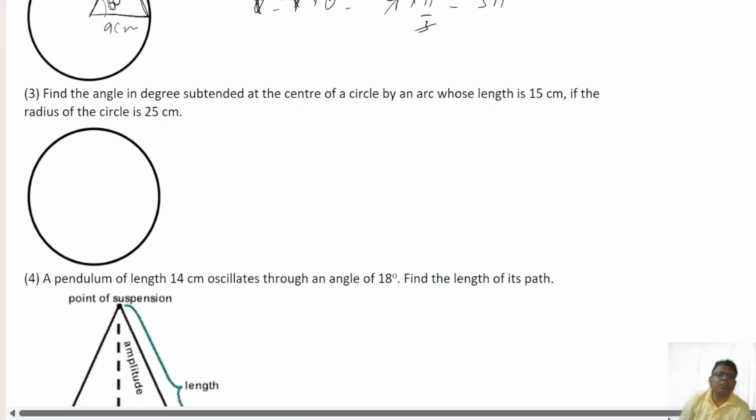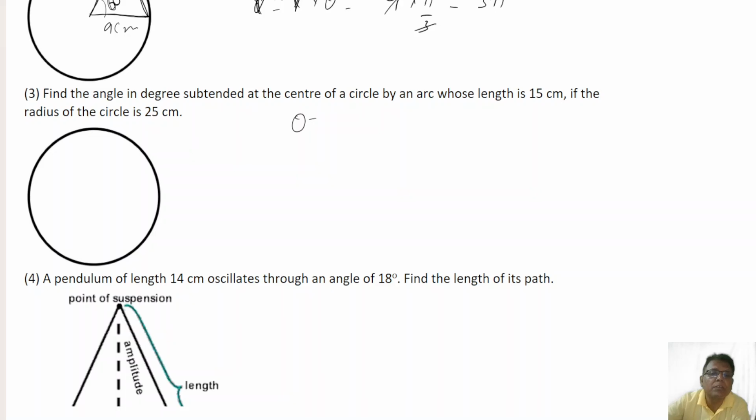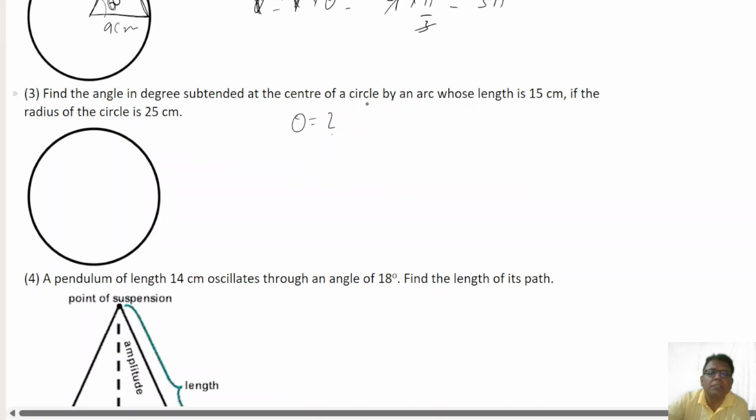Here it is telling to find the angle in degrees. They are asking theta is equal to what? At the center of the circle, the arc length is 15 centimeters and the radius is 25 centimeters. Then you will have to find theta.